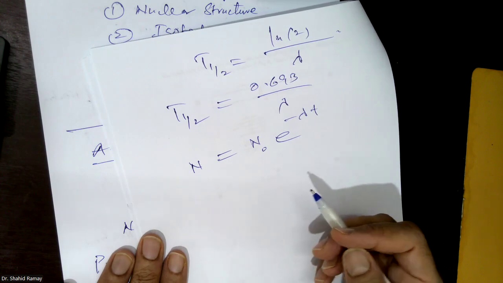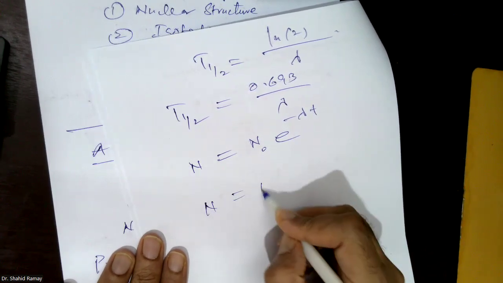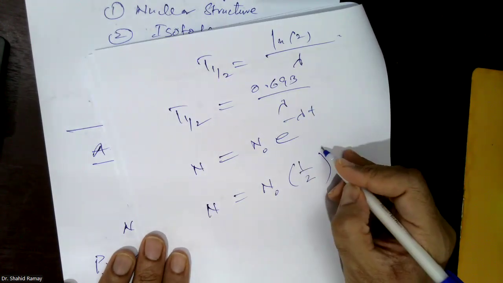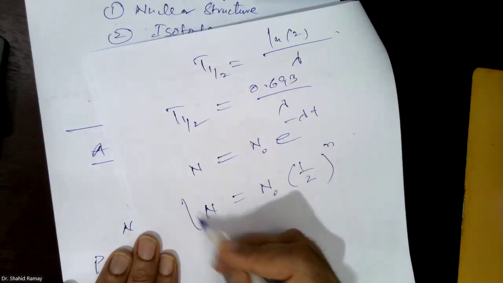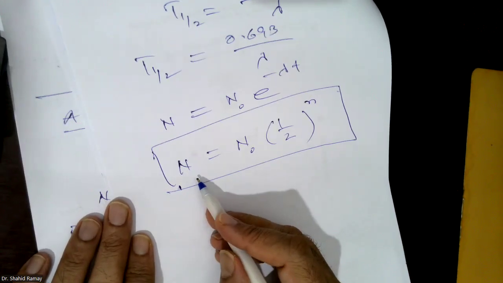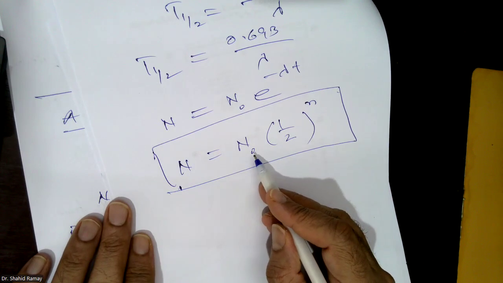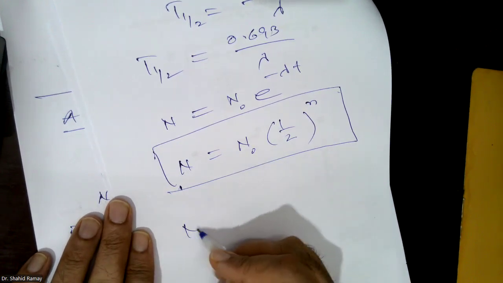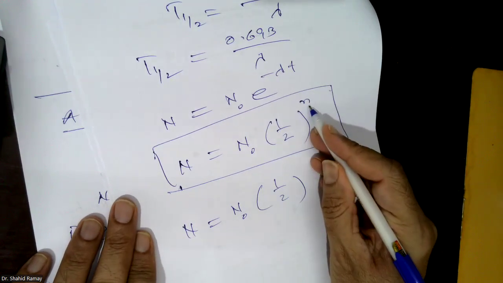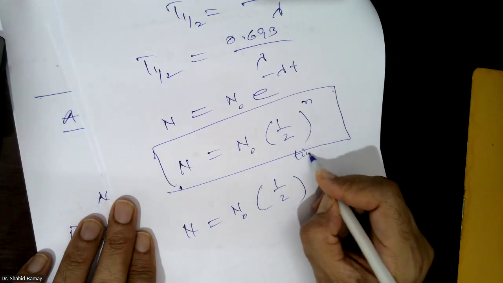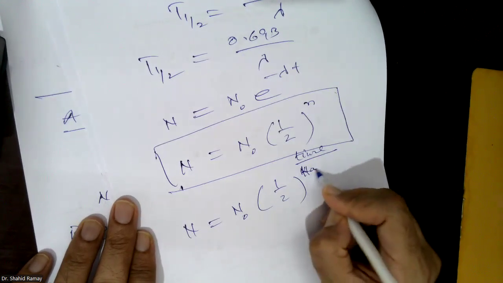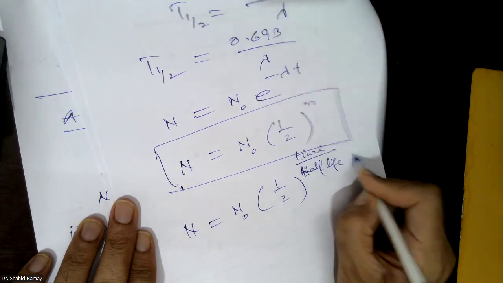But the other formula you should remember is N is equal to N naught into 1 over 2 raised to n. This formula is very important. In this formula, N is the undecayed and N naught is the initial. So this small n is what? This is time over half-life.